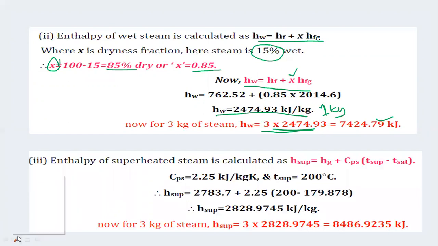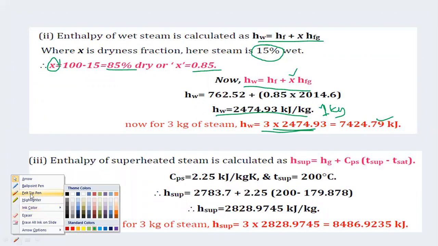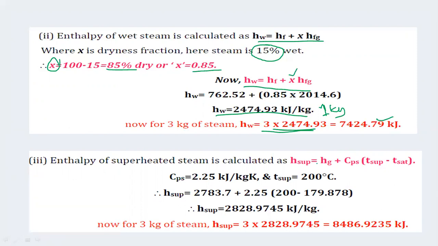Similarly, for superheated steam, we need to follow the same steps. For superheated steam, we have the equation H sup is equal to Hg plus Cp sup, T sup minus T sat. In the steam tables, you have taken the value of Hg, you have taken the value of saturation temperature. Cp sup value is given in the question. Similarly, superheated temperature is also given to you. So we write those values.